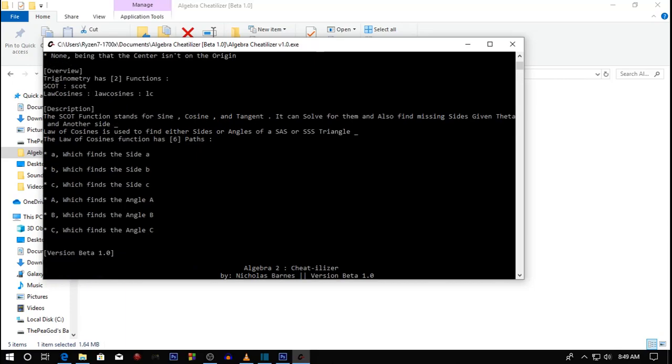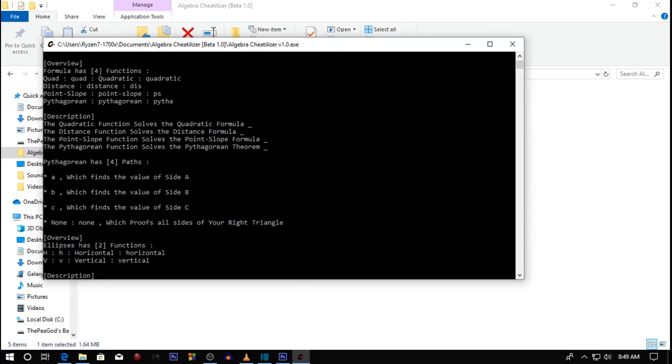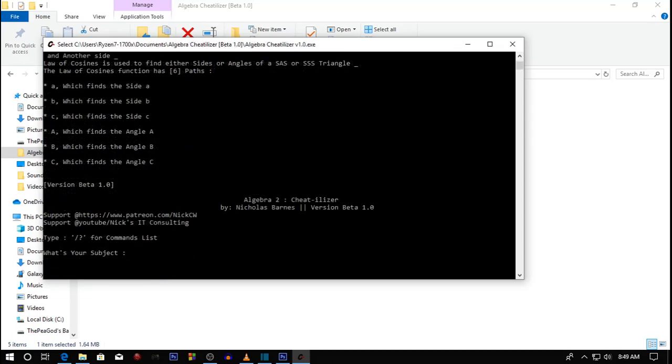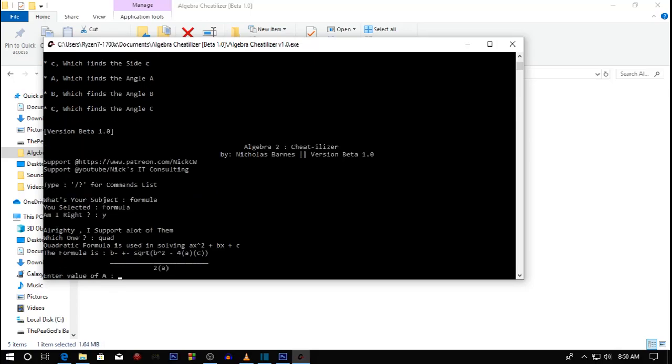Anyways, now once you select whatever you want, you type in the commands, which are listed under the subject, like so. I selected quadratic, which is quad in the course thing, and you put it down there, and we get a description of what you're getting.